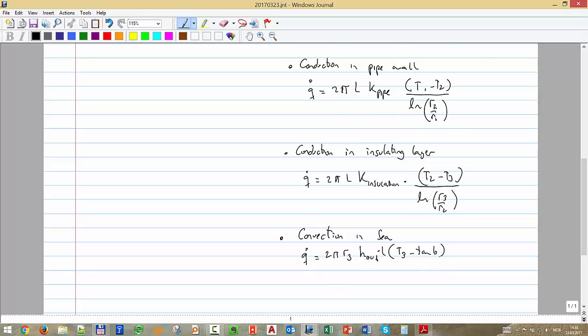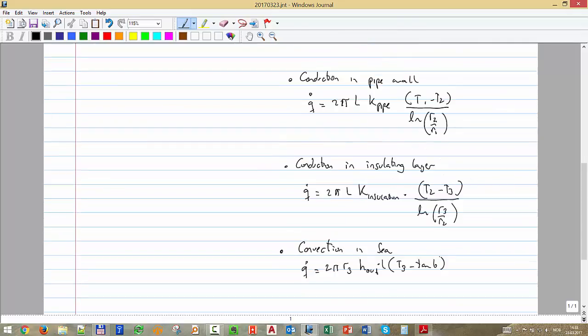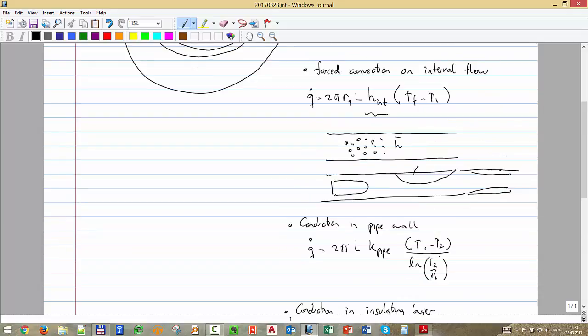Okay. So now the next step, for each one of these equations, I'm going to clear the temperature difference, and I'm going to sum all of them up.